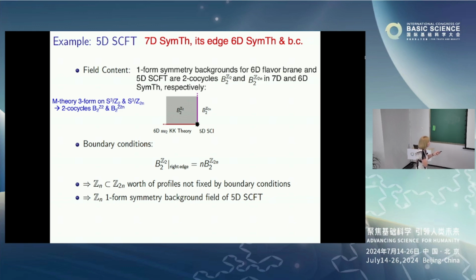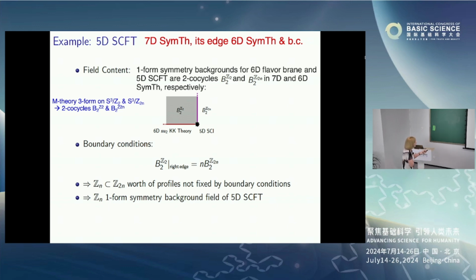They are the source for 6-dimensional flavor branes by torsional 2-cycles associated with Z2 in the 7-dimensional symmetry theory, and the corresponding one-form symmetries of the CFT, which in its corresponding symmetry theory are associated via torsional 2-cocycles of Z2N structure.